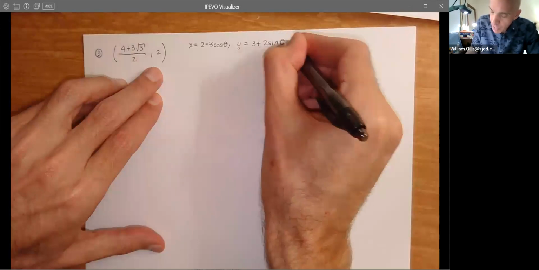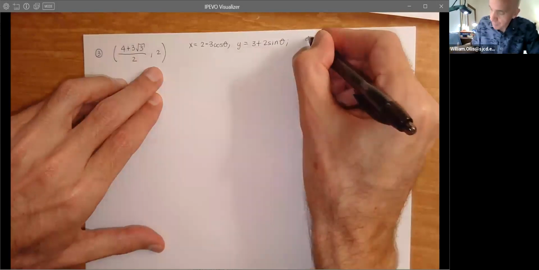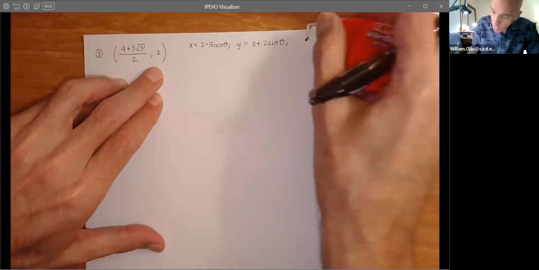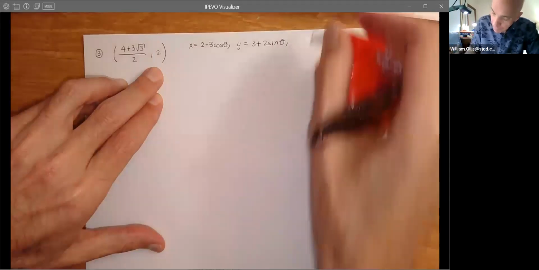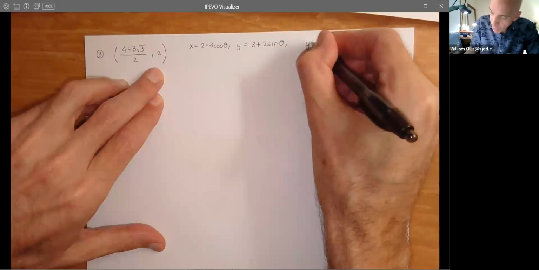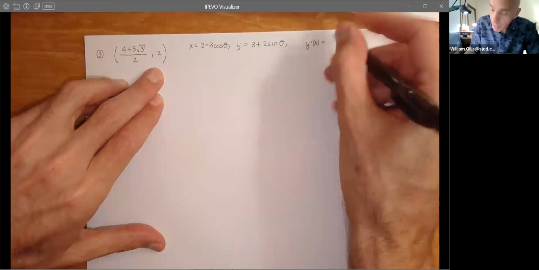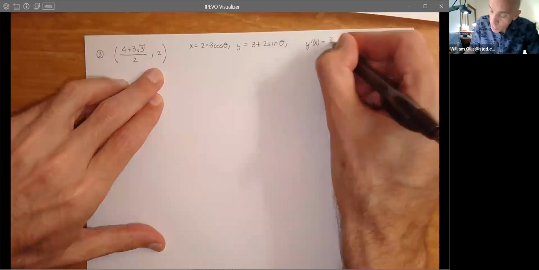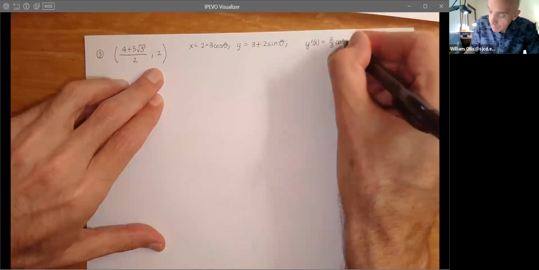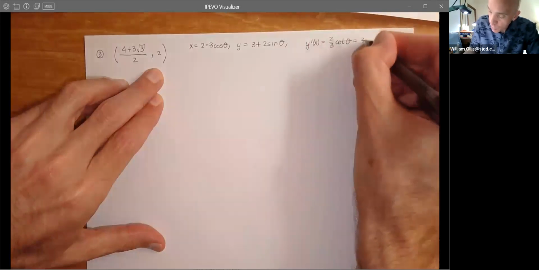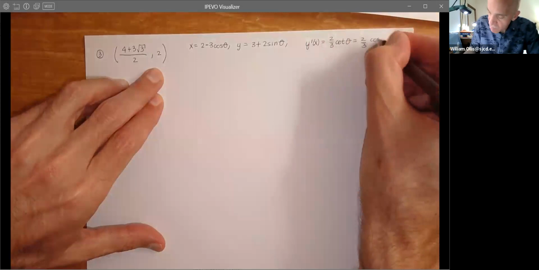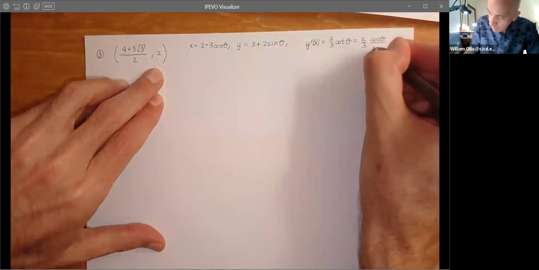And we remind ourselves that the Cartesian derivative, repeating ourselves to make sure we have everything we need, is 2/3 cotangent theta, which is 2/3 cosine theta over sine theta.